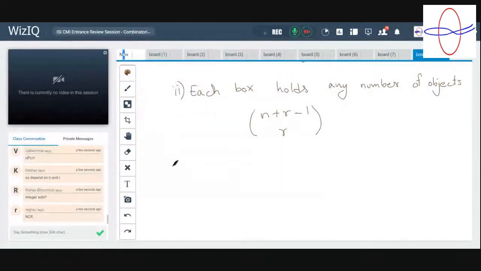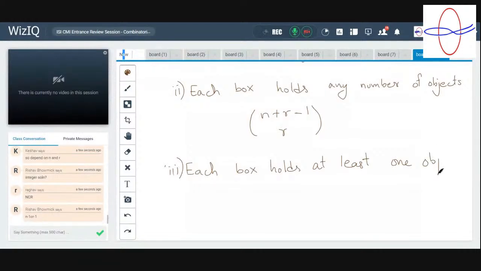Then situation 3 is the one that I accidentally mentioned first, when you have no empty boxes. So that is when each box holds at least one object. Once again, Rishabh, that's wrong.